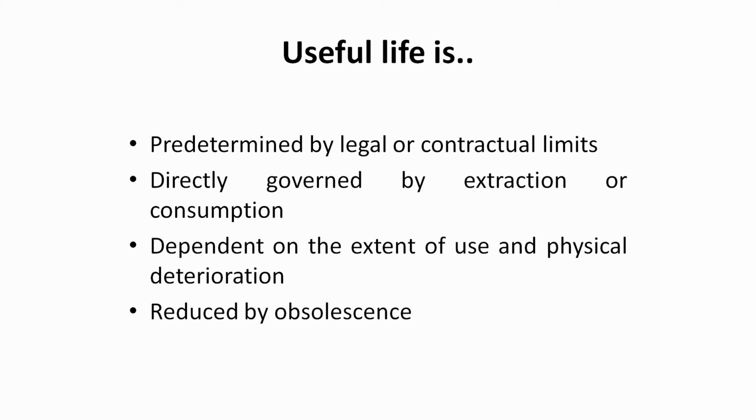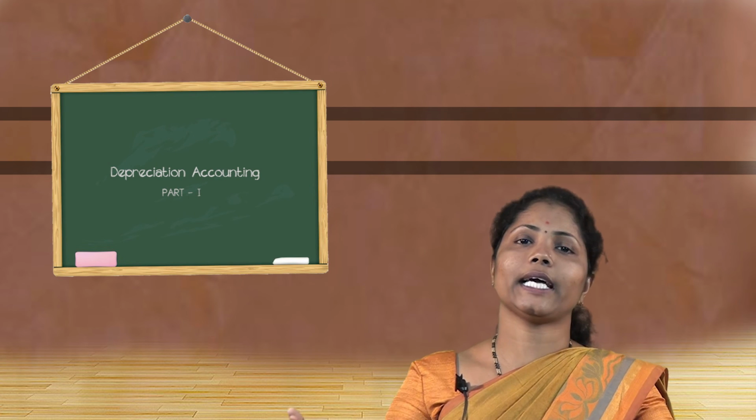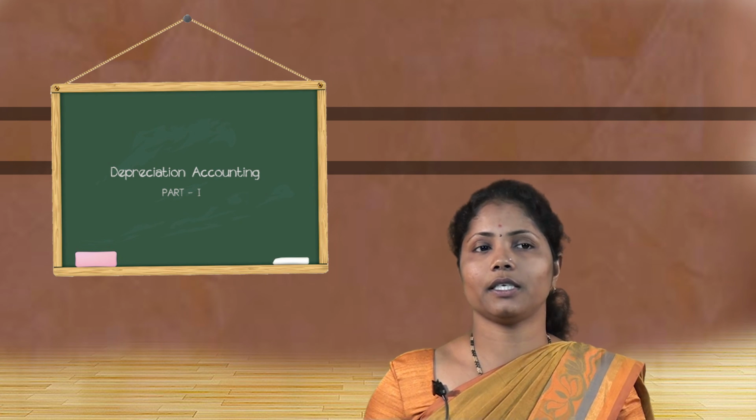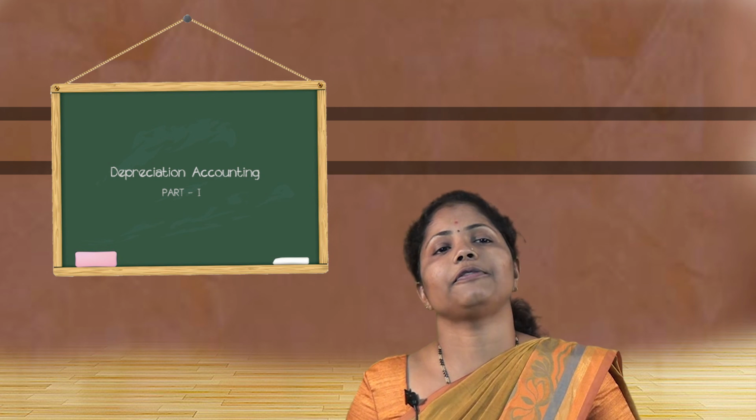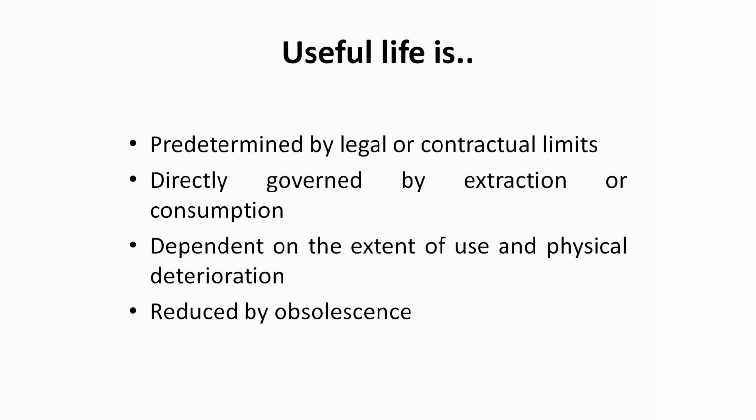So the useful life is predetermined by the legal and or contractual limits. In the sense, if you are taking the asset on lease for 10 years, then the useful life of that particular asset becomes 10 years. And the useful life is directly governed by the extraction or consumption, and useful life is dependent on the extent of use and physical deterioration on account of wear and tear.